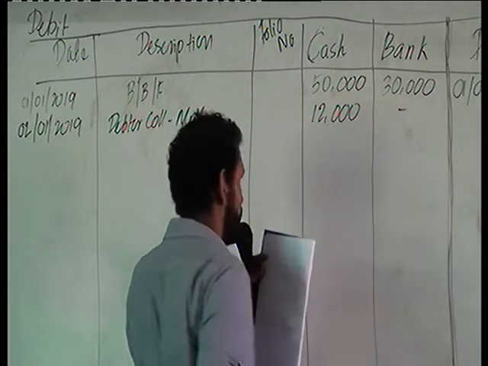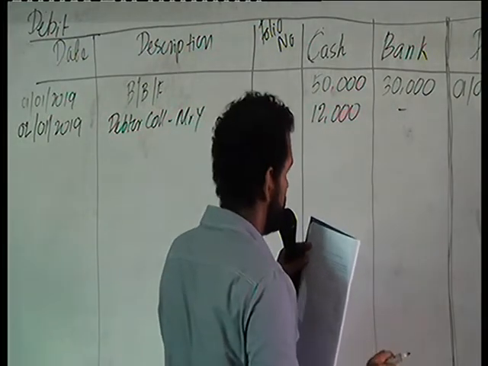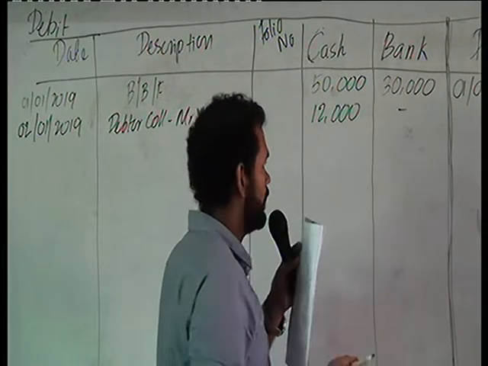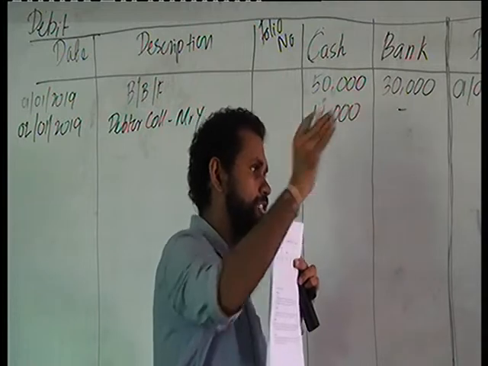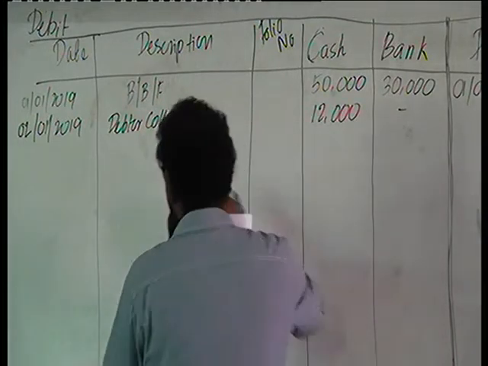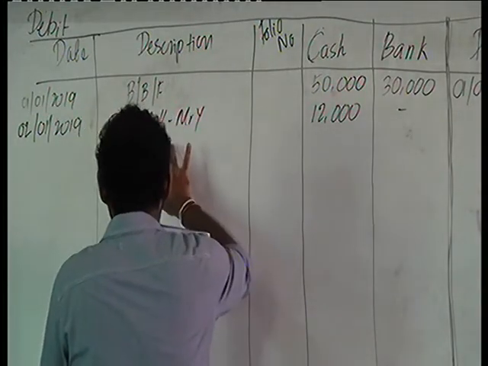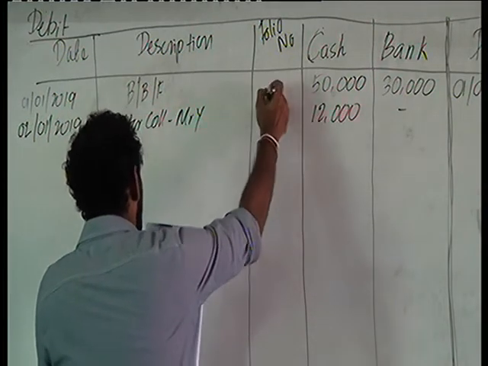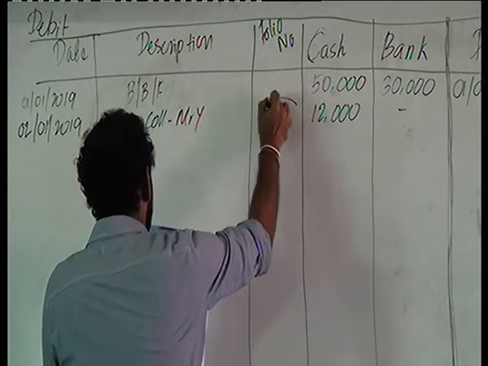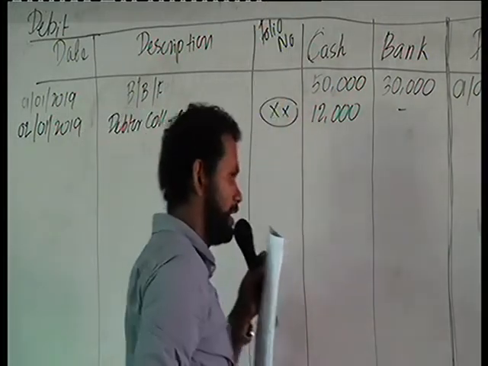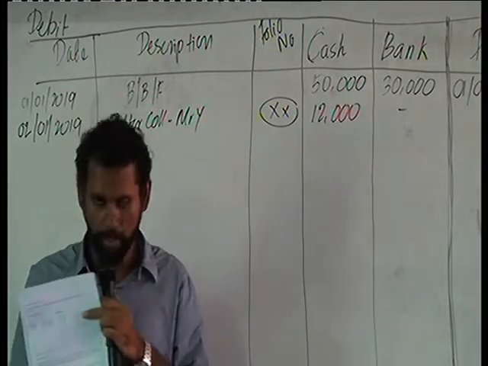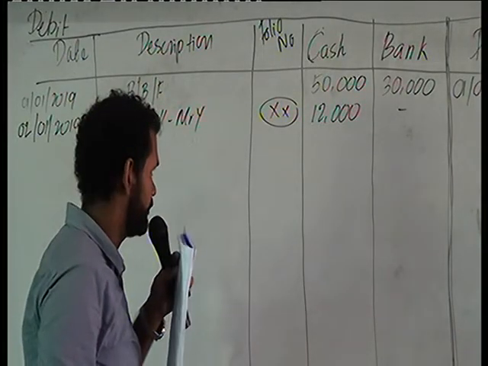There's no bank entry because we have received a check. Initially it will be debited to the cash account, and on the next day it will be deposited into the bank account. The ledger folio number here ideally should be the account number relevant to debtor Y.